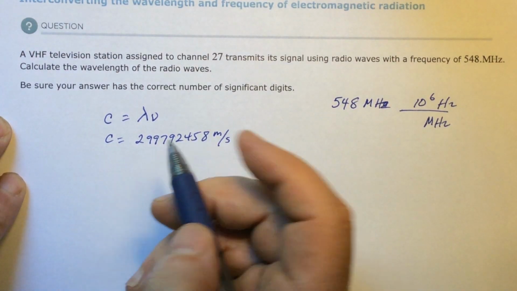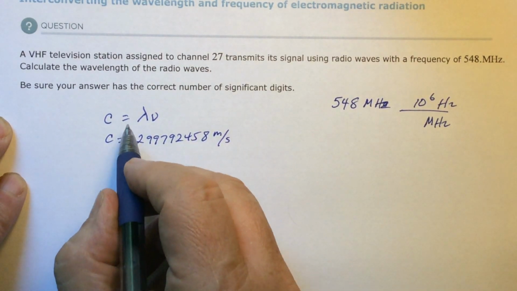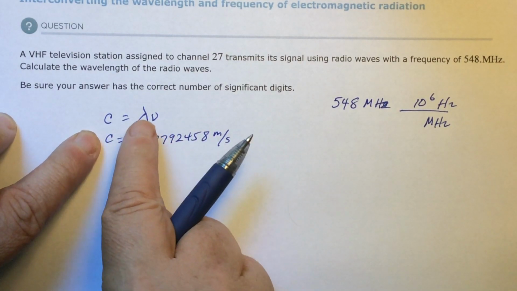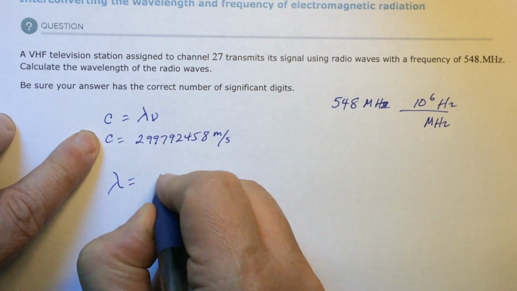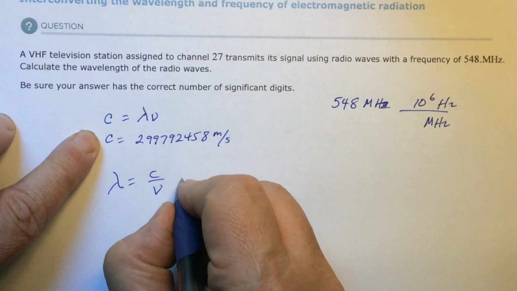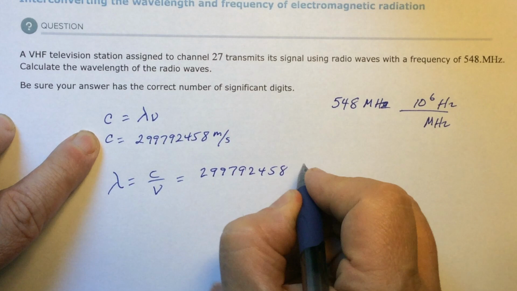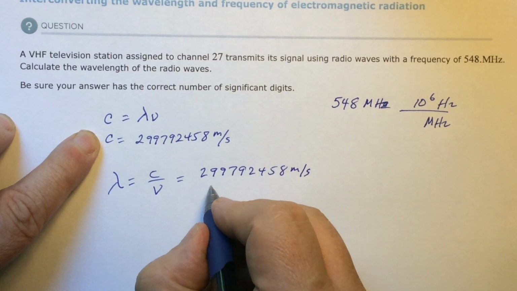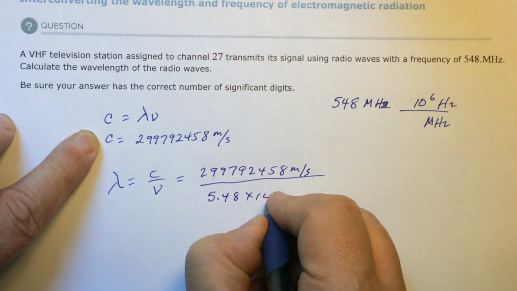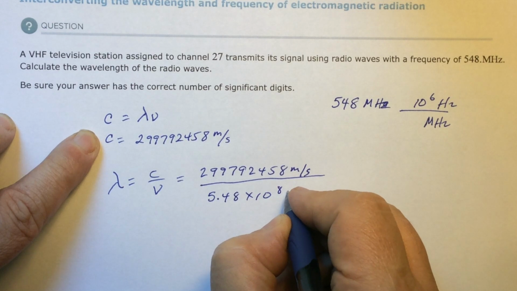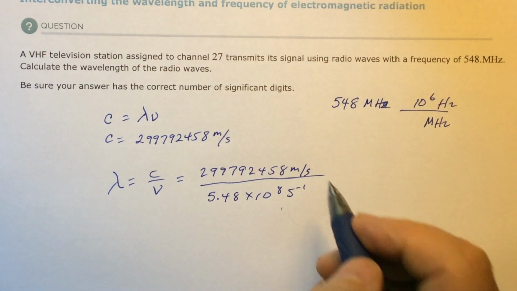So let's put it in, and you're asked to find the wavelength. Let's solve for wavelength. Let's get lambda by itself, that's wavelength. So it's going to be the speed of light divided by nu. So lambda is equal to the speed of light divided by nu. That's 299,792,458 meters per second divided by 5.48 times 10 to the 8, which is seconds to the minus 1, so these two will cancel.